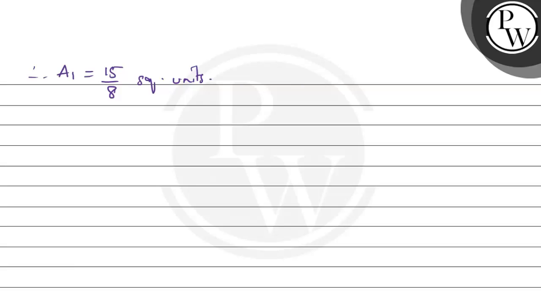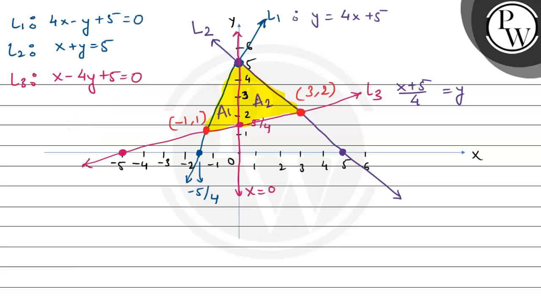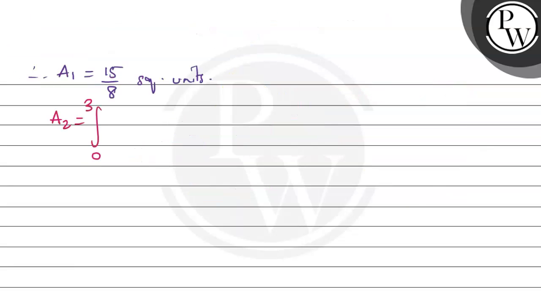Now let's get the value of A2. A2 will be the integral from 0 to 3. The upper boundary is line L2, which has equation y equals 5 minus x. So we have 5 minus x minus the lower boundary, that is (x plus 5) by 4, times dx.